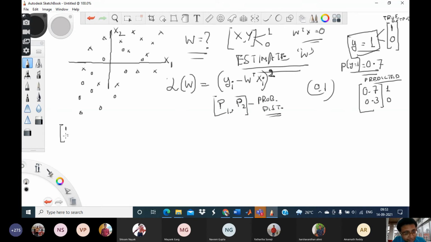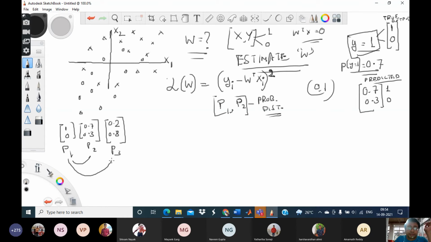Say this is 1, 0 and this is 0.7, 0.3. So this is my P1, this is P2, and my P3 is as follows: 0.2, 0.8. Intuitively it should be clear that P1 and P2 are closer than P1 and P3.